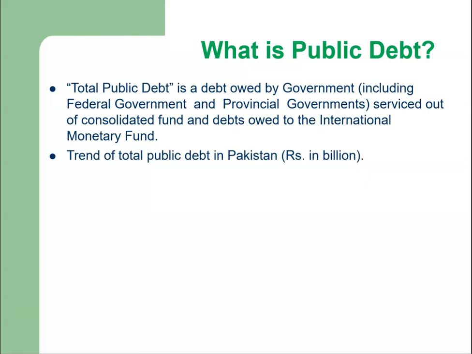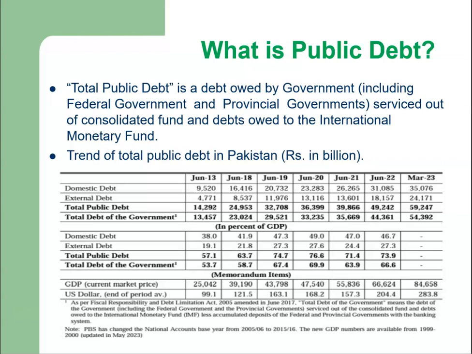We may also like to see the trend of the total public debt in Pakistan, which is in billions of Pakistani rupees, and in this table we can see that as of March 2023 the total volume of domestic debt is 35,076 billion, that is 35 trillion rupees, and the total volume of the external debt is 24 trillion or 24,171 billion Pakistani rupees.